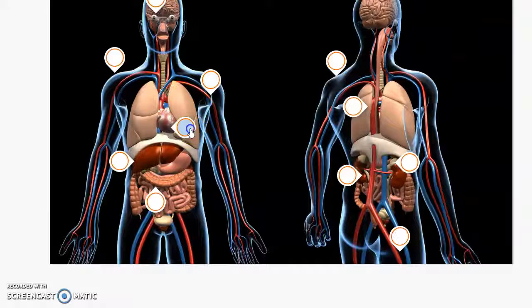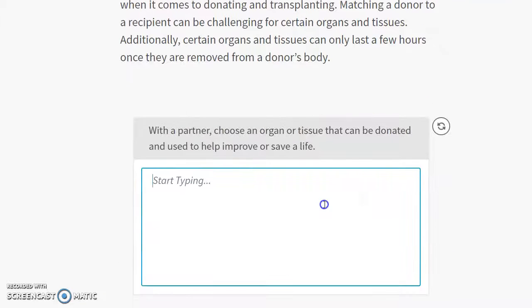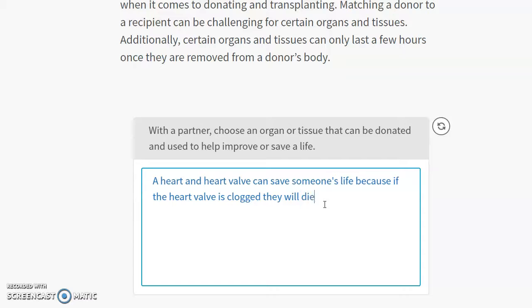Well, I think the heart is kind of a big one. So heart and heart valves. A heart and heart valve can save someone's life, because if the heart valve is clogged, they will die.